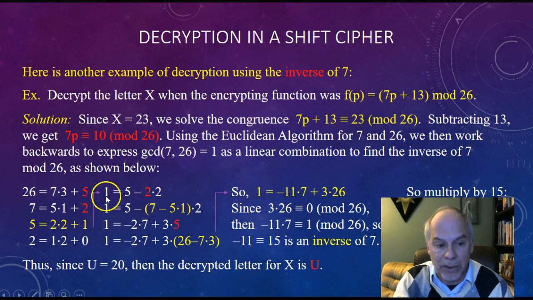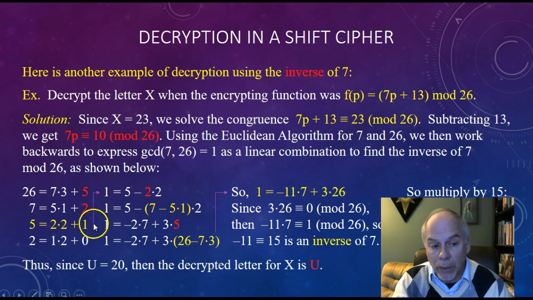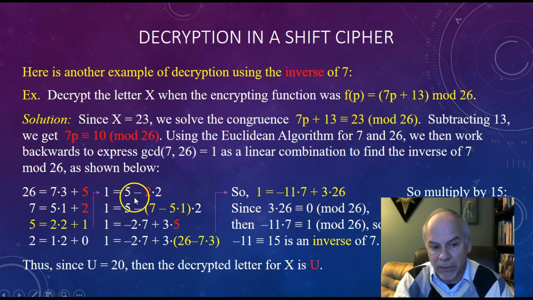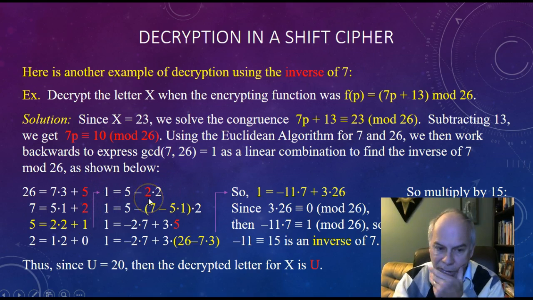So that's why we're using the equation that has 1 in it. So we move the 2 times 2 over to the other side, so we have 1 is equal to 5 minus 2 times 2. And then as we did before, we're going to systematically replace the 2 and the 5, the numbers above the 1 here. So I'm going to replace the 2 here, and I get 7 minus 5 times 2, and you only need to replace one of the 2's.